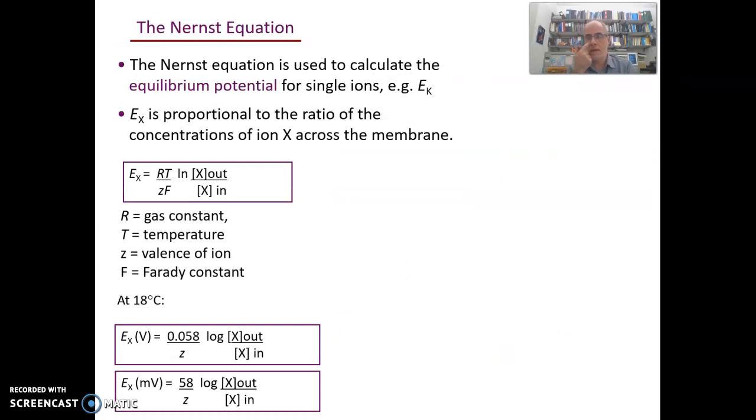Okay, let's now take a look at some of the mathematical underpinnings of the membrane potential. First, we're going to look at how you use the Nernst equation to calculate the equilibrium potential of single ions. So, for example, the equilibrium potential of potassium, as we saw in the last slide.